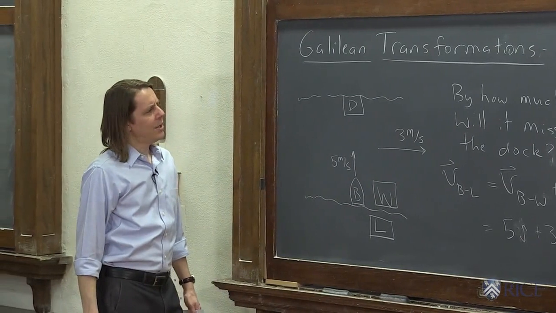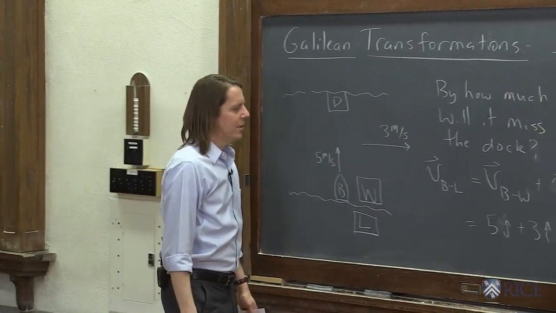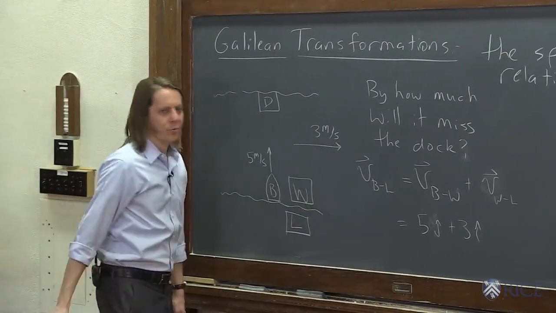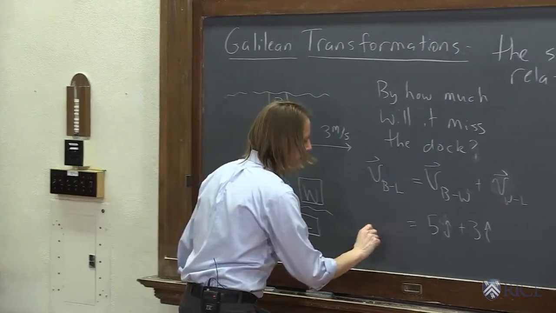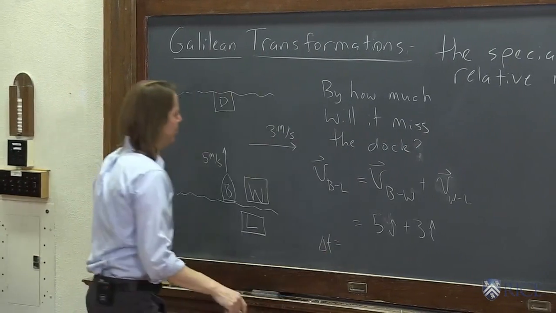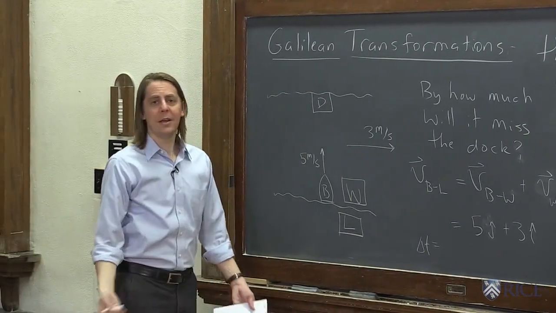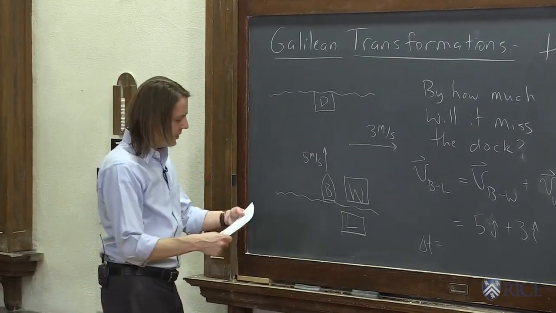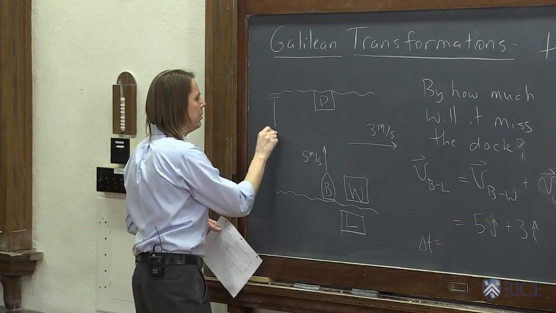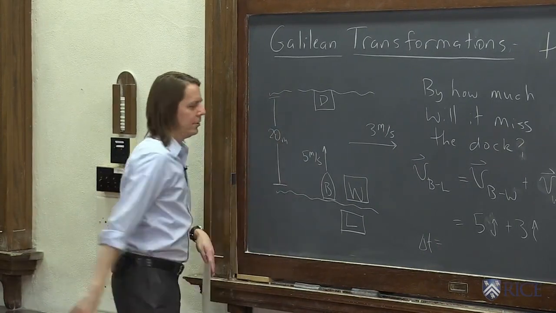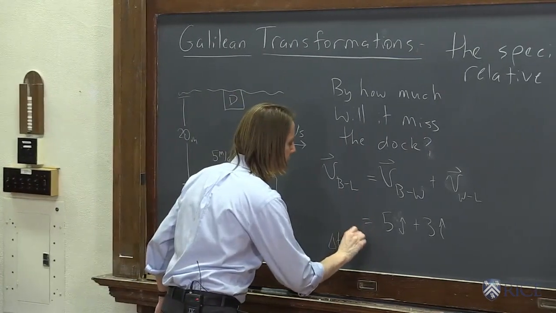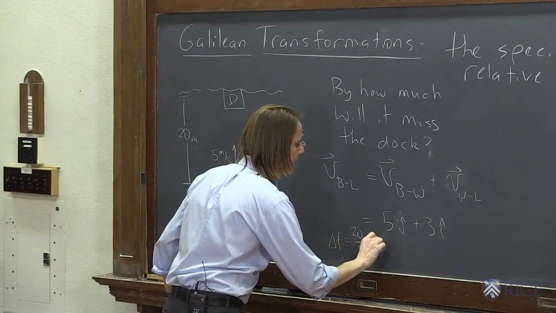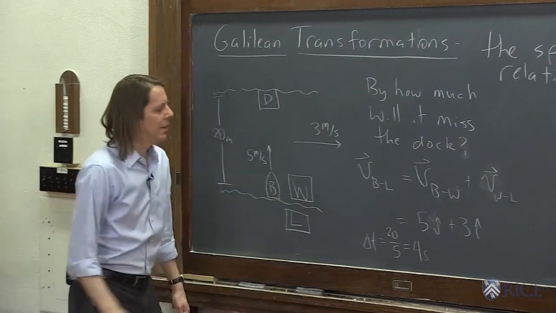So if you wanted to solve that problem, how much will it miss the dock? Then you would probably just do two one-dimensional problems. You'd say, how long is it in the water? Delta t would be, well, it's going 5 meters per second, and you need the width of the river, which I didn't tell you, which is 20 meters. So it'd be 20 meters divided by 5 meters per second, which equals 4 seconds.